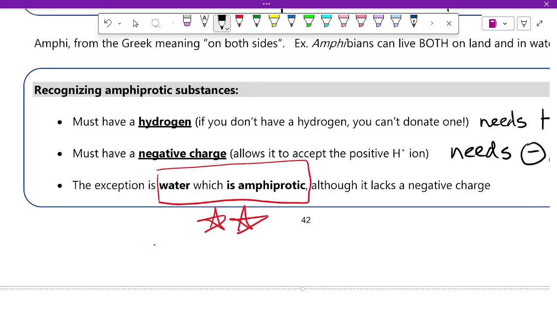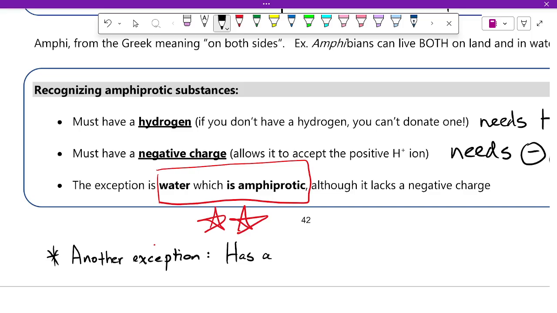It's something that has a hydrogen and it has a negative charge, but it is not amphiprotic. Hydronium has a positive charge.